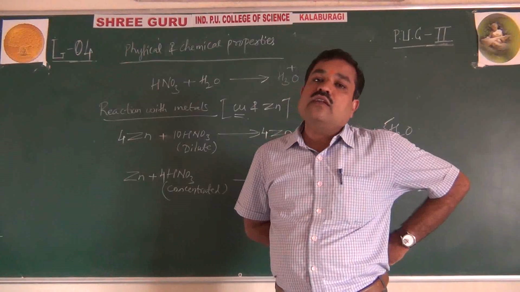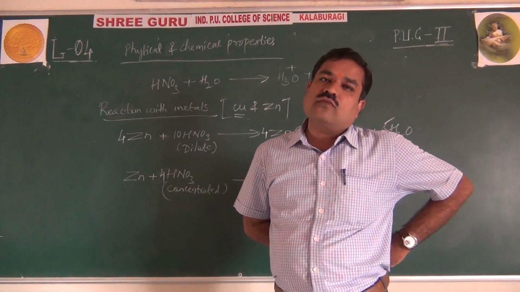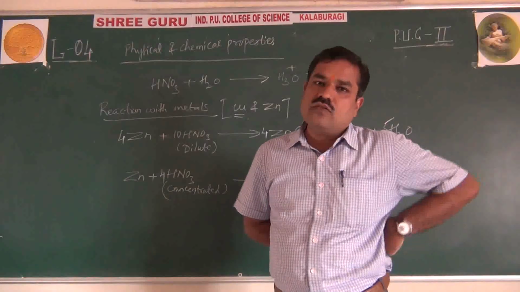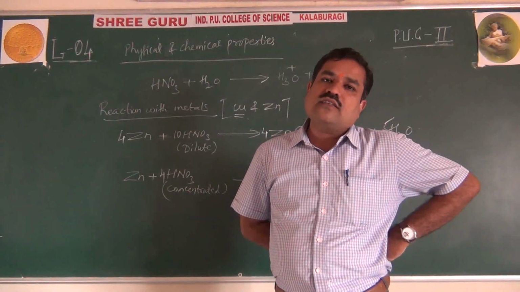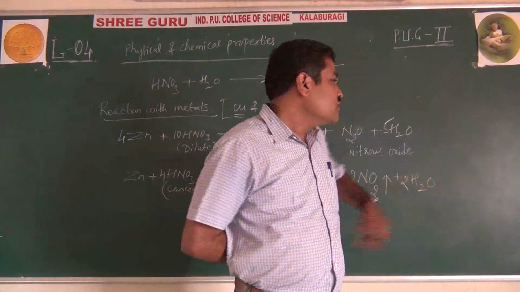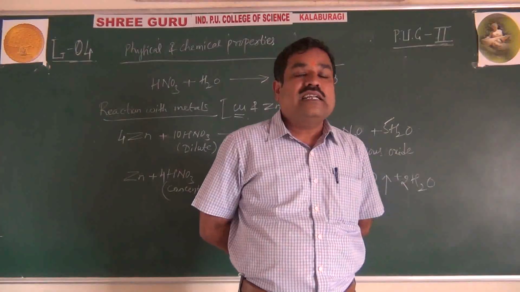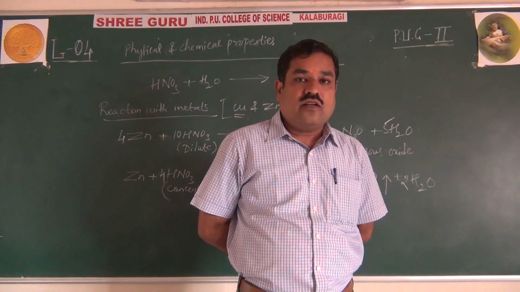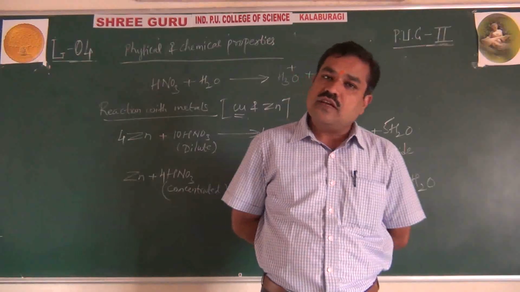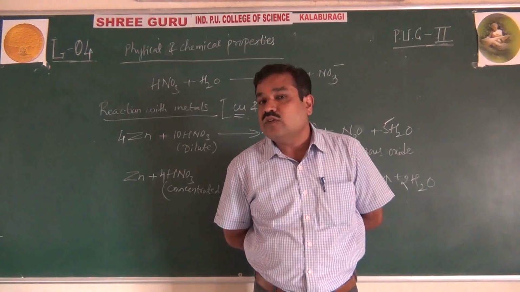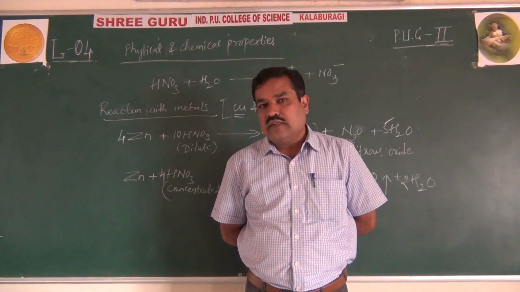With very dilute nitric acid, not only dilute, use the words very dilute, the product is ammonium nitrate, not these oxides, remember. With zinc it is ammonium nitrate. Copper also, the same: ammonium nitrate will be the byproduct with very dilute nitric acid.